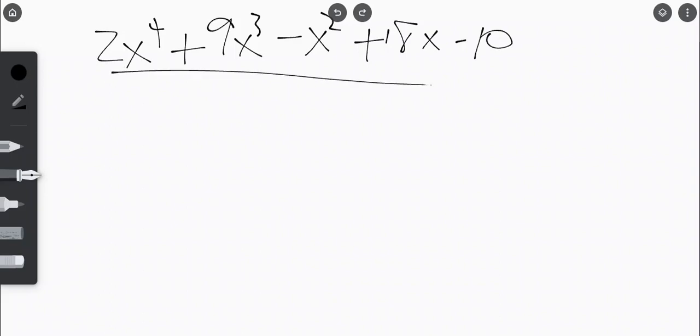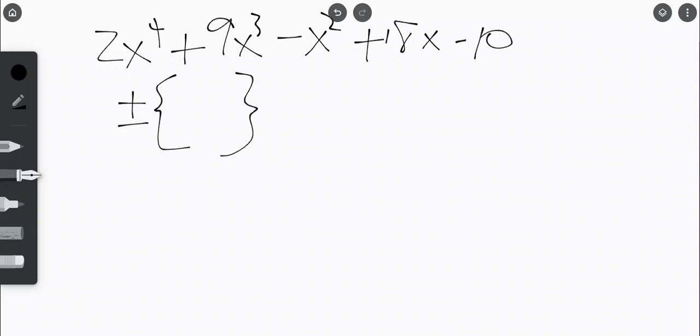So once again, factoring by grouping doesn't work, so we need the rational root theorem. And so remember, it's plus or minus the factors of the constant over the factors of the leading coefficient. The factors of the constant 10 are 1, 2, 5, and 10.